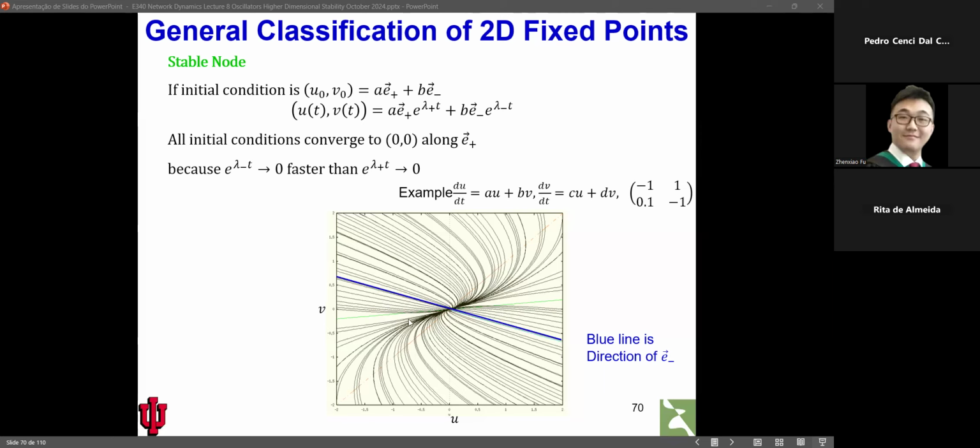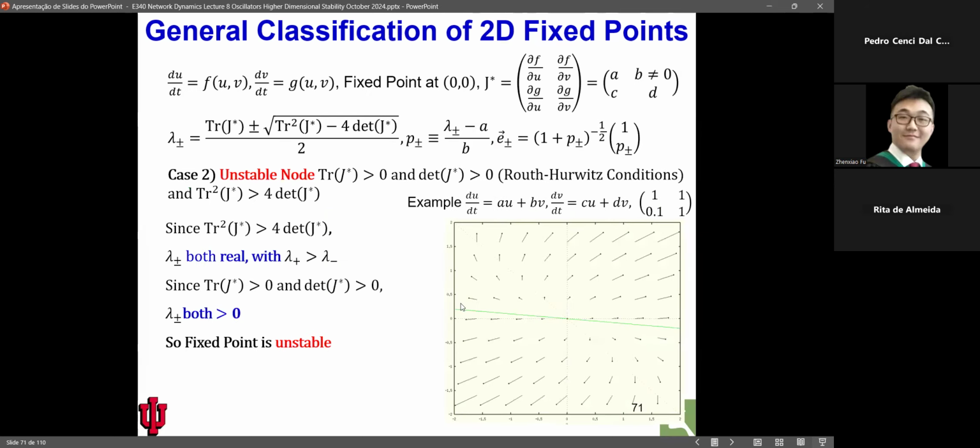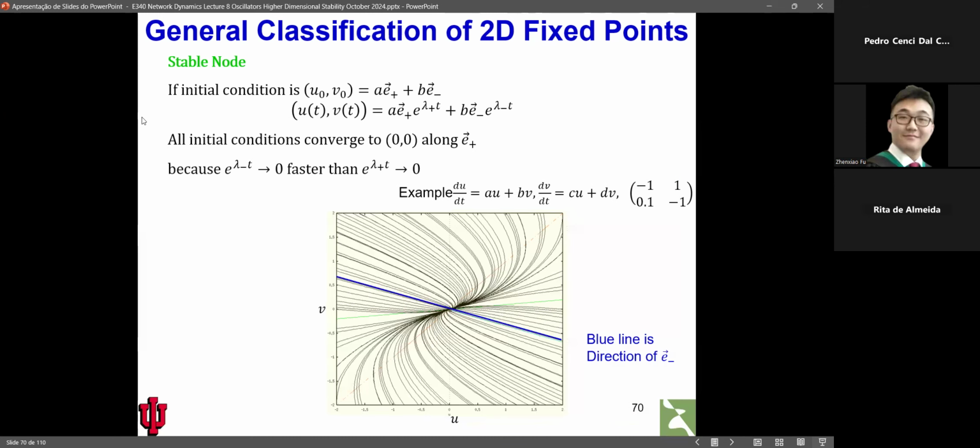So it will tend toward the direction of E plus. It is going here, losing its E minus component, and then it goes to the E plus component and converges like that. So this is what you have.